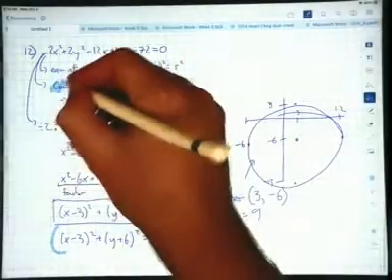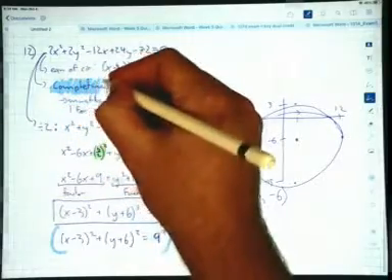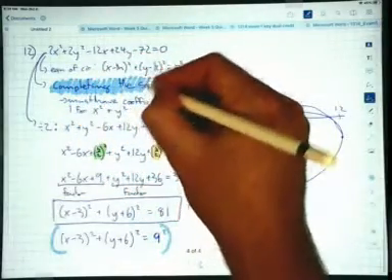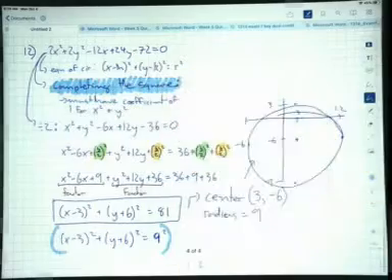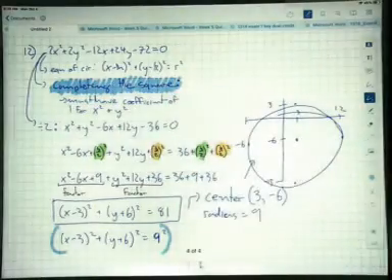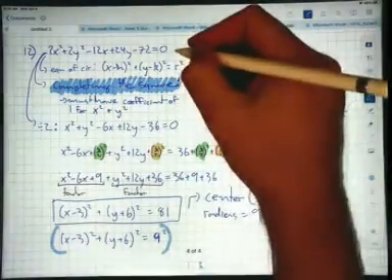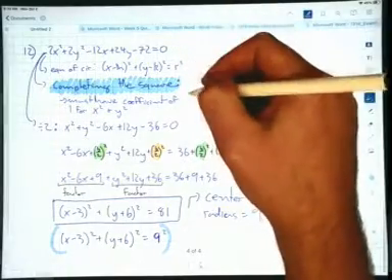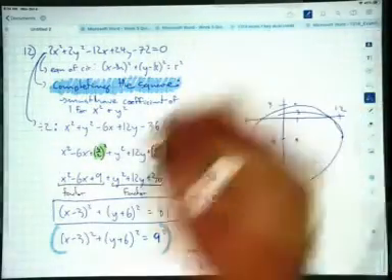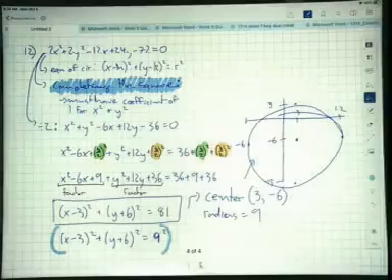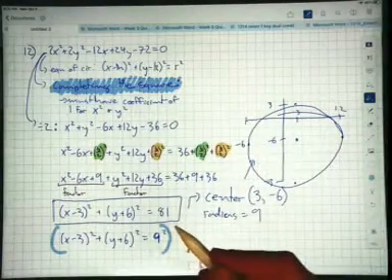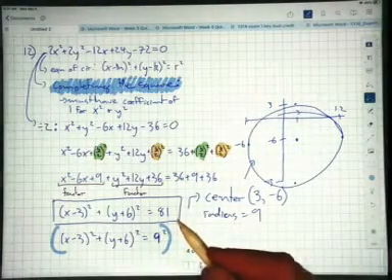You have to know this process, how to go through and complete the square. You have to know that process for equations like this up here, and interpret this equation correctly.